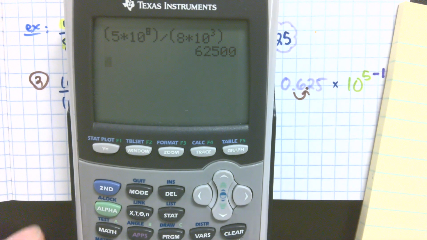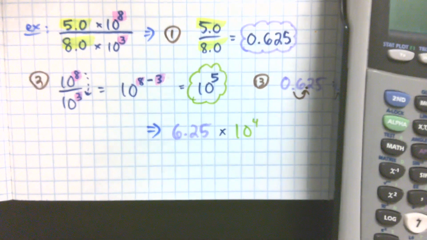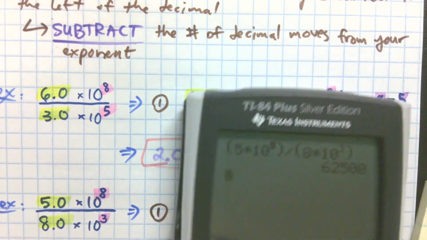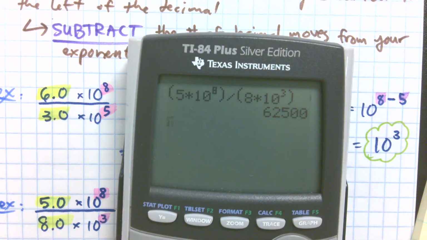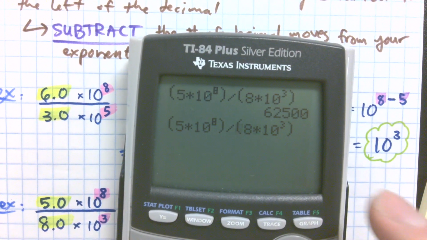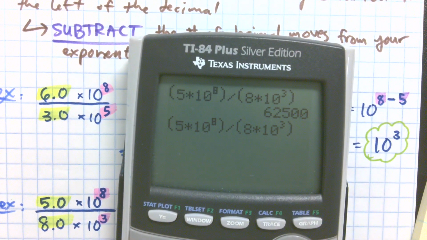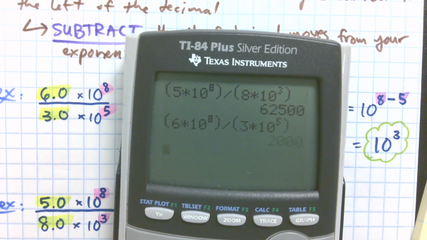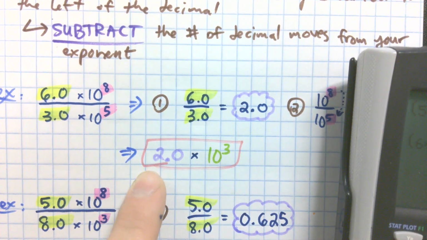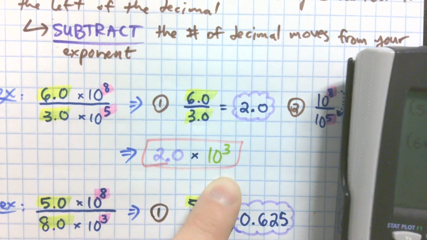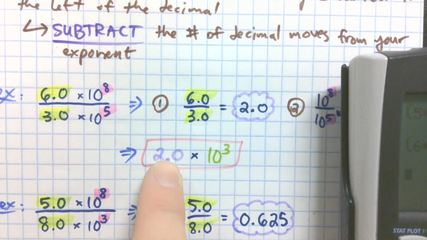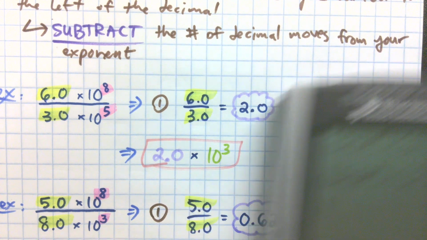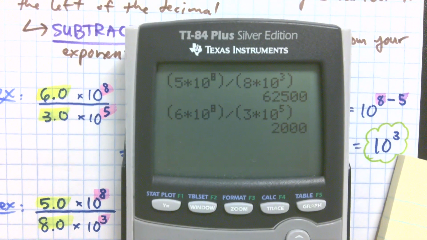If we were to check the first example, it was 6 times 10 to the 8th divided by 3 times 10 to the 5th. That gives 2,000, which is the same as 2 times 10 to the 3rd. We move that decimal 3 spaces, 1, 2, 3, and we get 2,000.